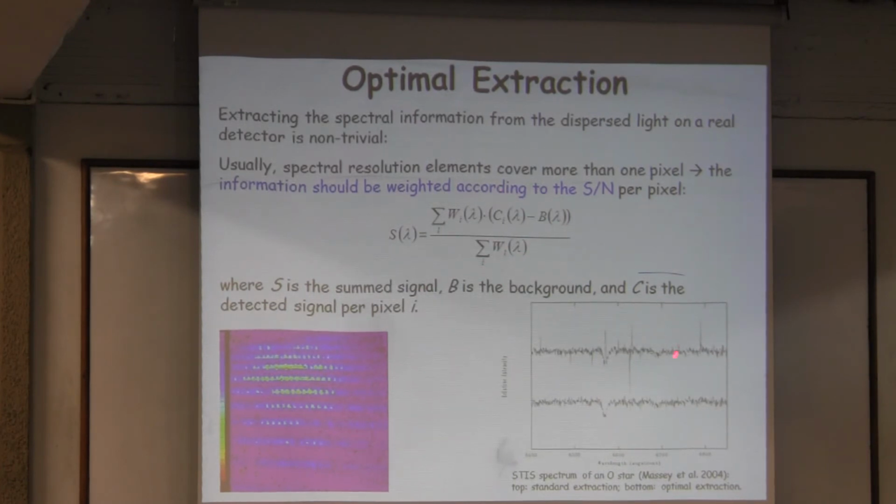If you do that, for comparison, this is a raw spectrum, and this is a spectrum extracted with this technique. You can see that many of these artifacts are gone simply because pixels that are noisy were given a very low weight, whereas the pixels that have a clear, nice spectrum signal were given a high weight.